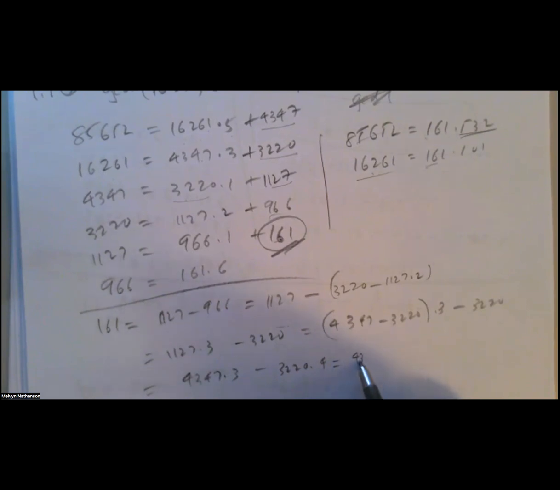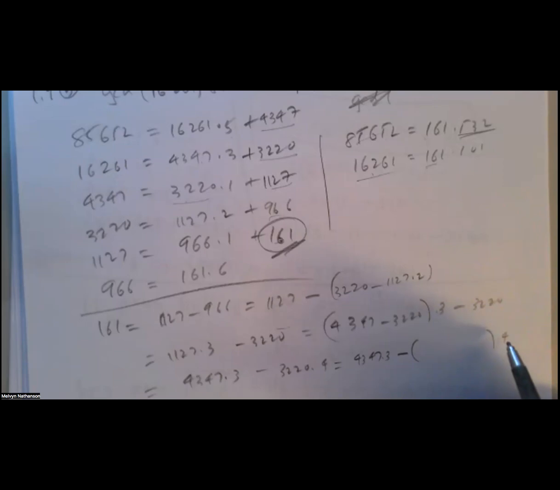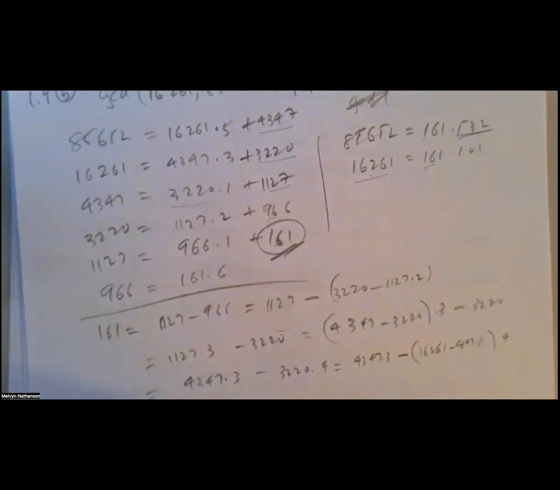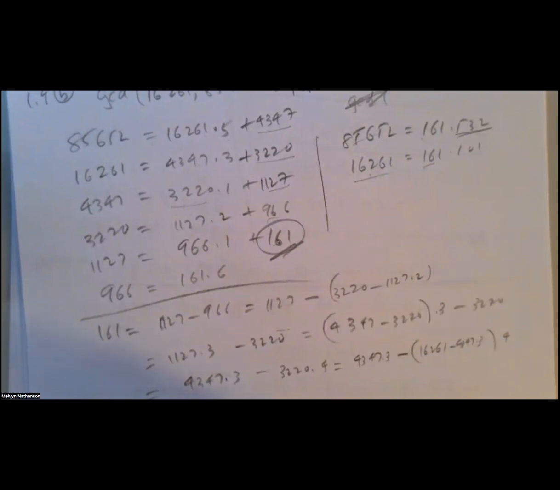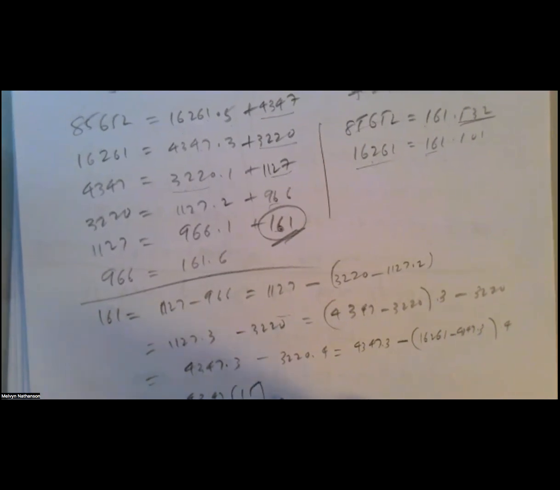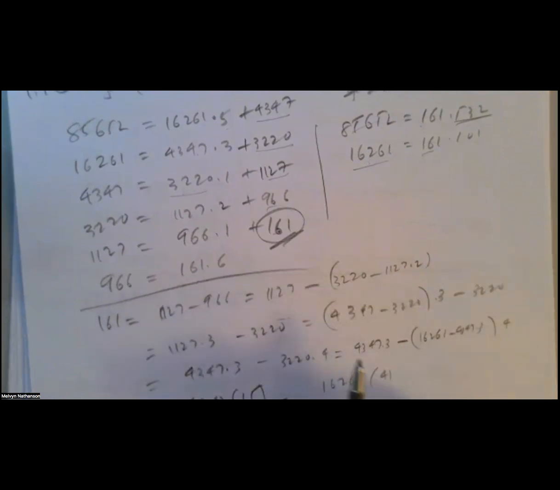What is 3220 times 4? 3220 is 16,261 minus 4347 times 3. So that's 4347 times 3 and 4347 times 12, so times 15, minus 16,261 times 4.